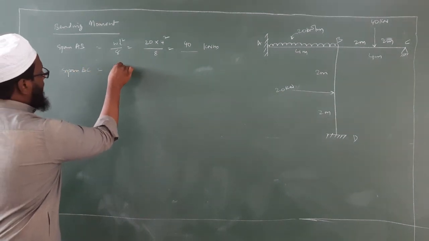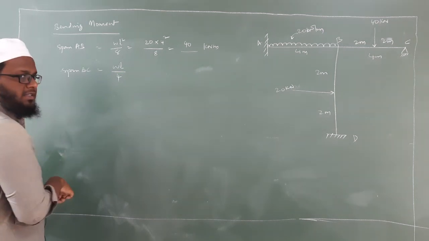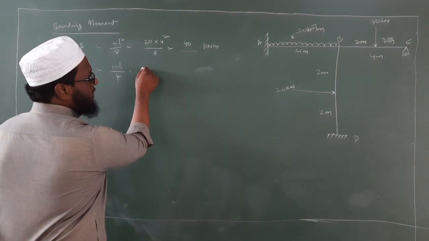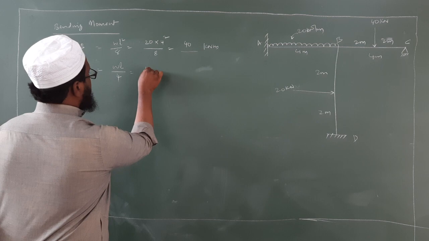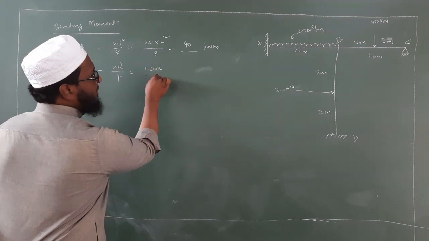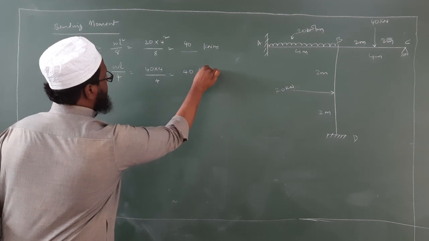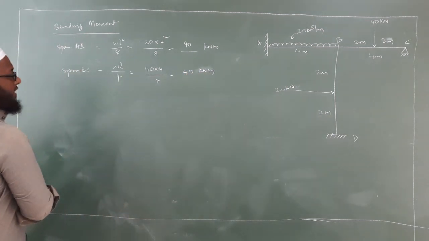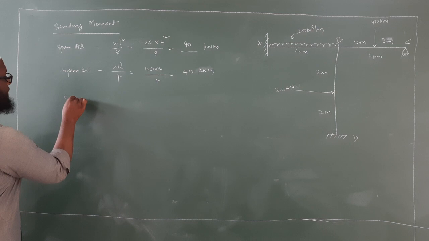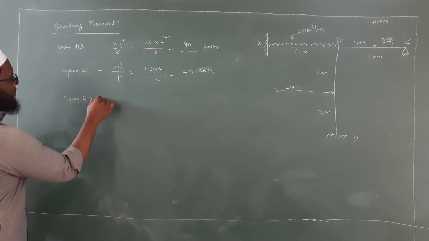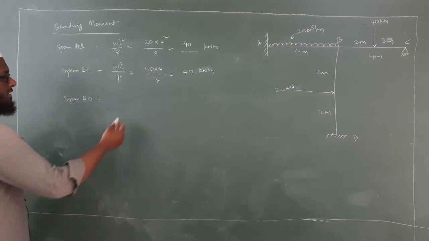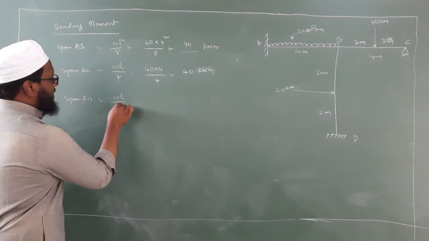Now for span BC, WL by 4, isn't it? So what is W there? 40 into 4 by 4. 40 kilonewton meter. What about span BD? Span BD, same, WL by 4.